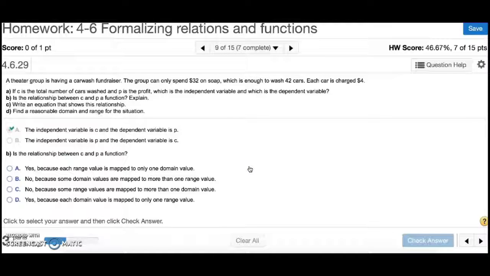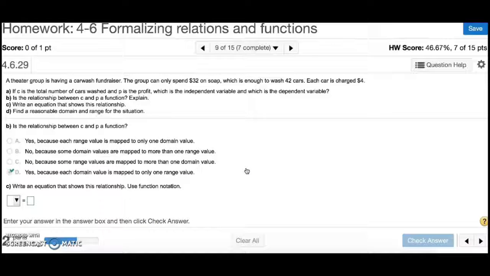Now B, is the relationship between C and P a function? We're going to say yes because each domain value is mapped to only one range value, so yes. For C, write an equation showing this relationship.